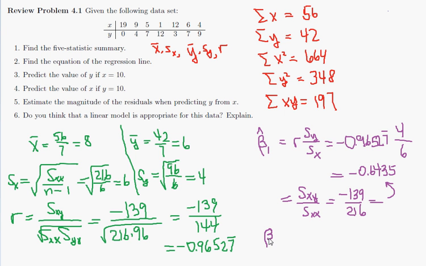And finally, beta 0 hat is equal to y bar minus beta 1 hat times x bar. So that would be equal to 6, I apologize, y bar is 6, minus negative 0.6435 times x bar, which is 8, and so doing the arithmetic, we get that this is equal to 11.148 repeating.